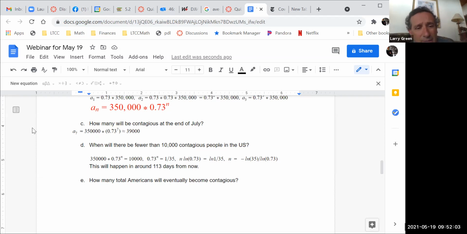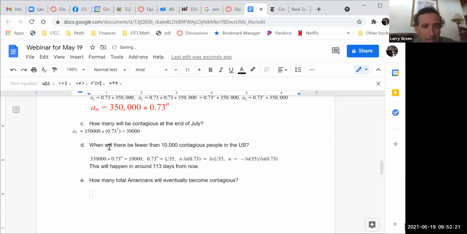There's going to be a limit, but it's a little more complicated than that. And the key word is total. So the eventually gives you the limit, but what about the total?